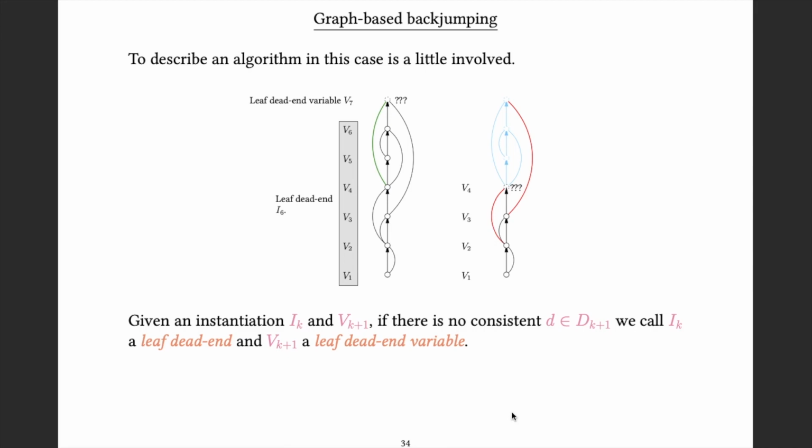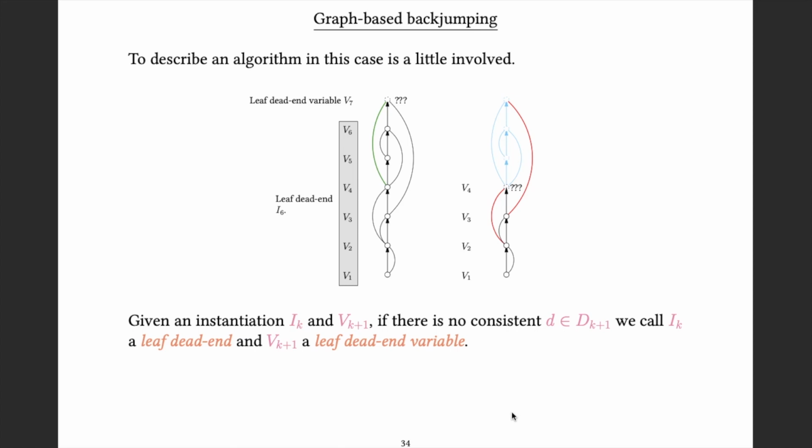Firstly, we need the idea of a leaf dead end variable. So, on the left, we have a situation where we've got a partial instantiation containing v1 up to v6, and we're interested in assigning to the k plus 1th variable v7, and there is no consistent value that we can give it. Now in this case, the partial instantiation is called a leaf dead end, and the variable that we don't have any assignments for is called a leaf dead end variable.